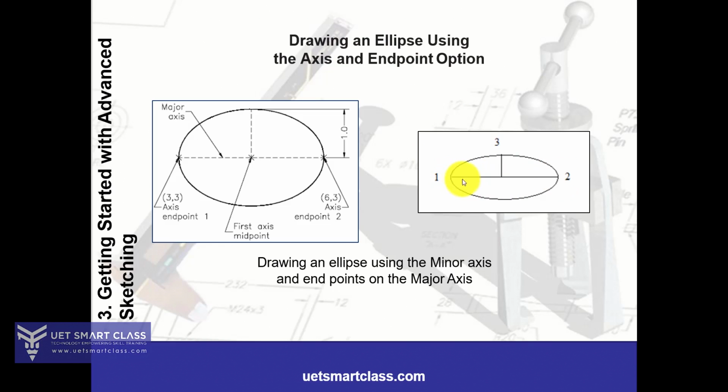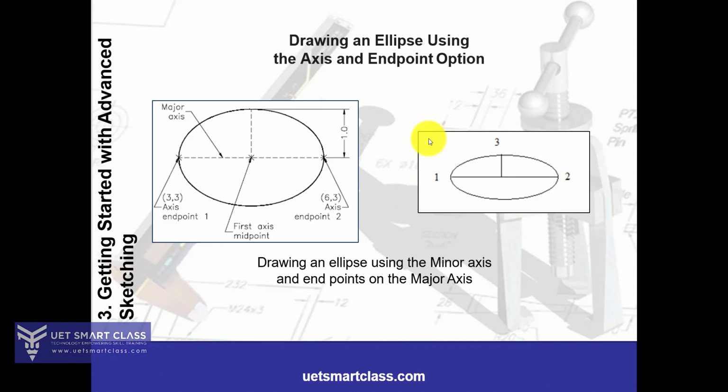So you can create a reference line, or if you know the length of your axis, you need to give the first point and the second point, and the third point would be the distance between the center point and the quadrant of your ellipse. Basically, this will decide the overall curve of your ellipse.